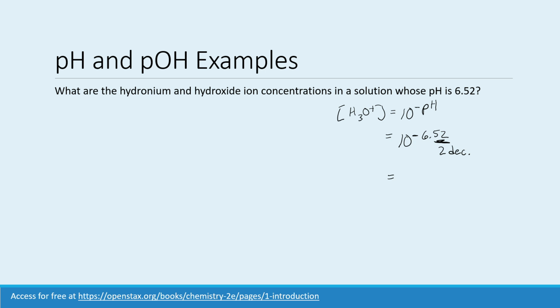We don't want to leave it as 10 to the negative 6.52. And so that comes out to be 3.0. Again, 2 decimal places gives me 2 significant figures for the hydronium ion concentration, and then times 10 to the negative 7th molarity. And don't forget to add those units back in.